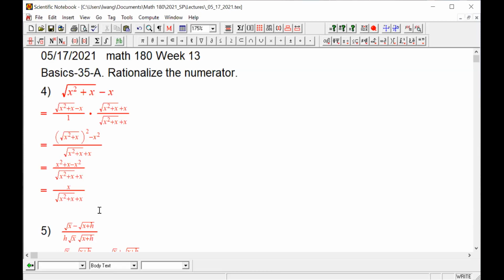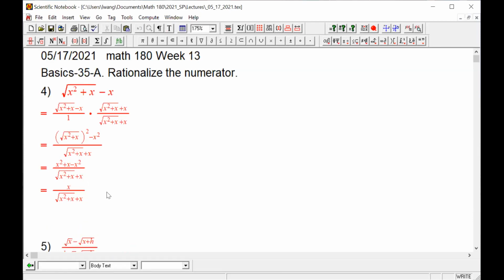In your actual calculus class, you might have to do one more step. So finally, we have rationalized the numerator. Depending on the situation you're in, in your calculus class, if x is positive, you may have to do one more step, which is dividing every term by x.